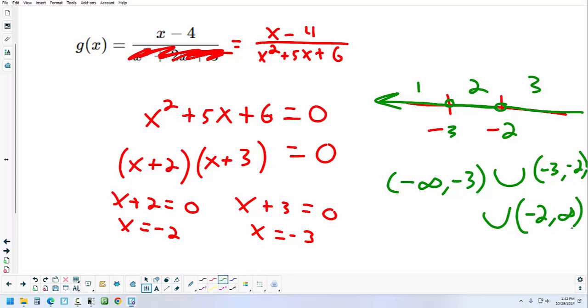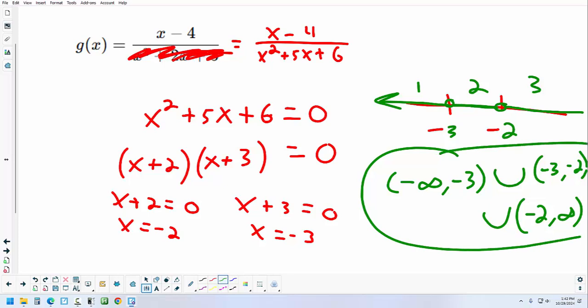Up to infinity. And that's how you write your domain. It's a pretty standard pattern. When you have two numbers that are not in the domain, you get 3 sets of parentheses. That's what always happens. Okay, any question on that?